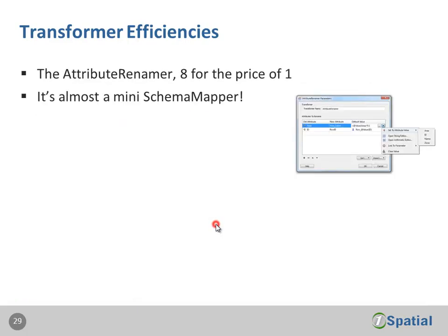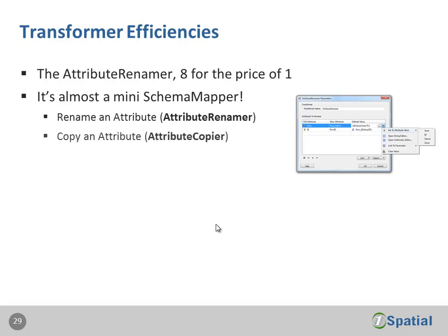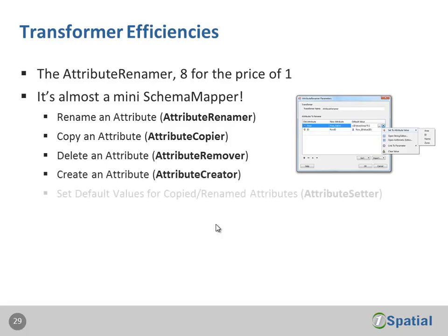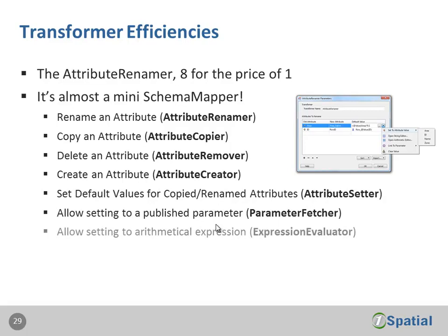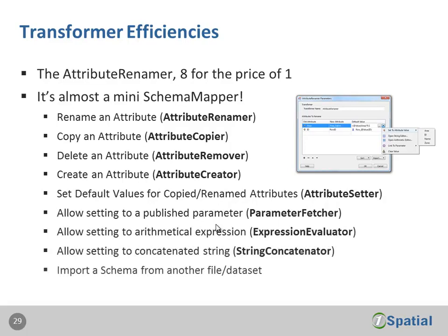But what that means in practice is that some transformers now, as a result, can become very capable. For example, the attribute renamer is now pretty much 8 for the price of 1. Inside the attribute renamer, you can rename, you can copy, previously done in the attribute copier, you can delete attributes, you can create an attribute, you can actually go in and set attributes, you can use a parameter fetcher, expression evaluator, and a string concatenator all inside that one transformer.